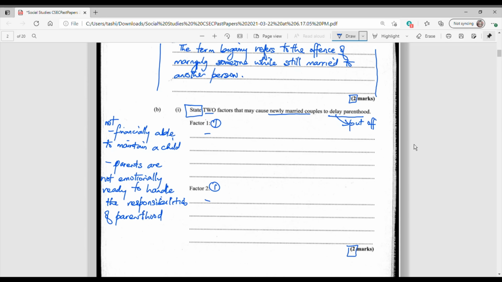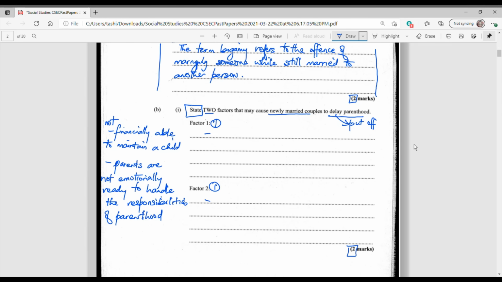One of the parents may be sick at the moment and they are unable physically to bear a child, so they may delay parenthood. It may also mean that one of the parents or both parents are still studying, or they may have made a decision that they would like to travel the world before they have children, all of those things. So we have 2 written here, so we would just write them in sentences in the spaces that have been provided.